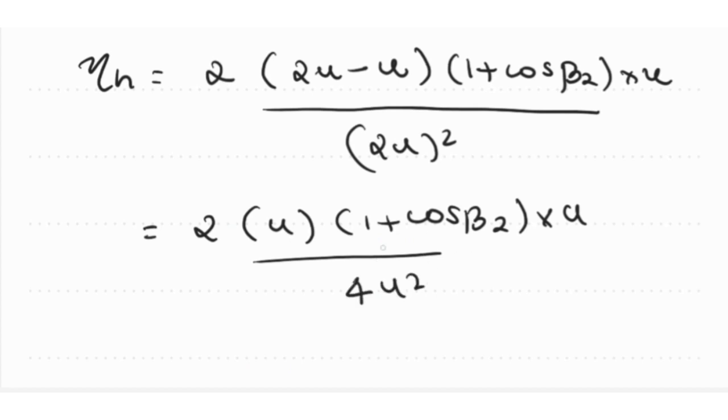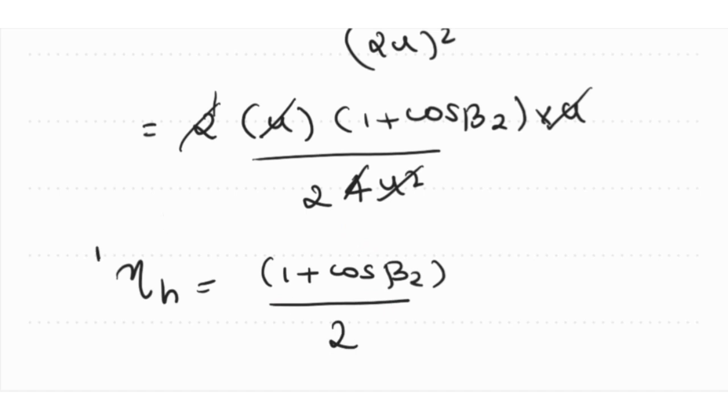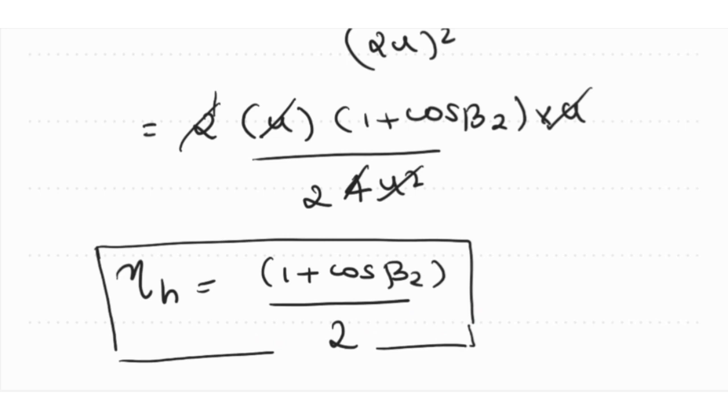Here the 2s cancel, and U and U square get cancelled. So here you will get eta H is equal to (1 plus cos beta 2) divided by 2, which is the condition for maximum hydraulic efficiency. Thank you.